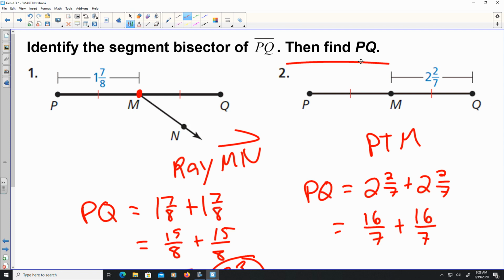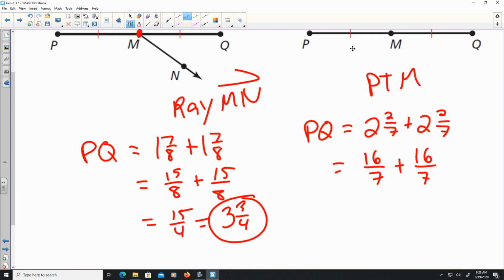This will be 32 over 7, and to make this back into a mixed number, it is going to be 4 and 4/7.